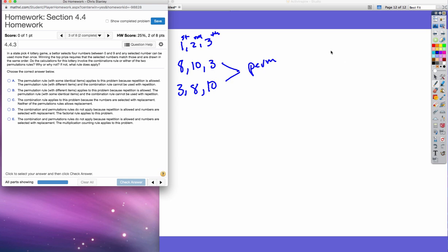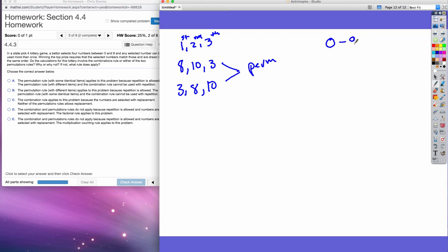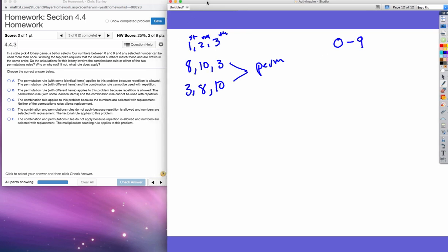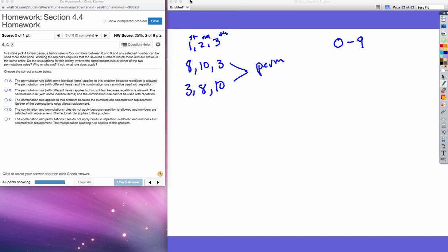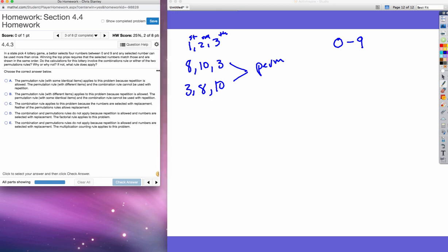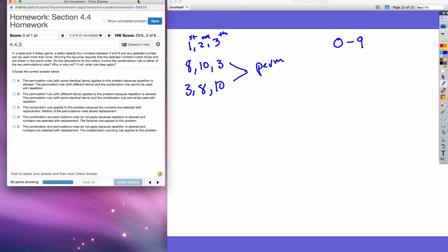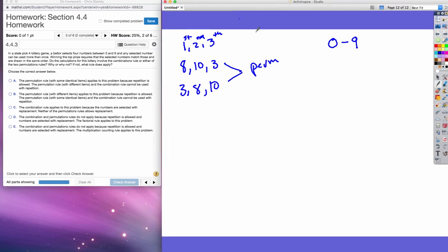Okay, so there's a state lottery. So we could pick numbers from 0 to 9. Any selected number can be used more than once.